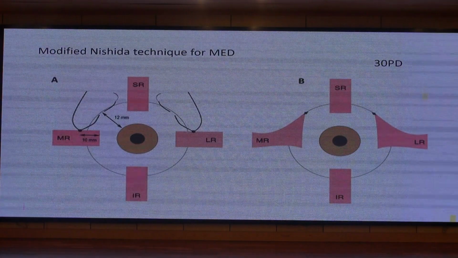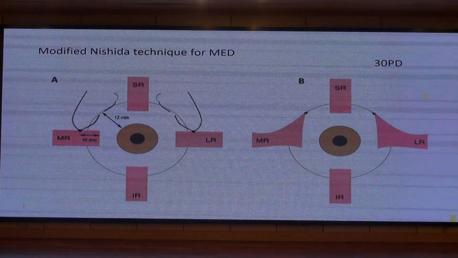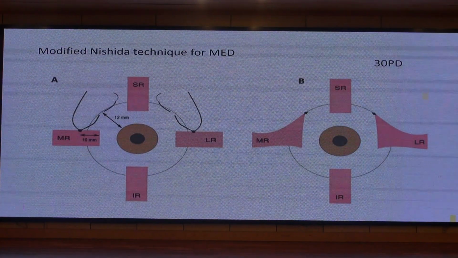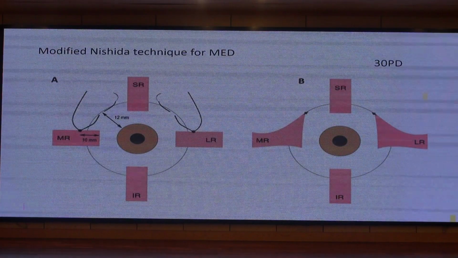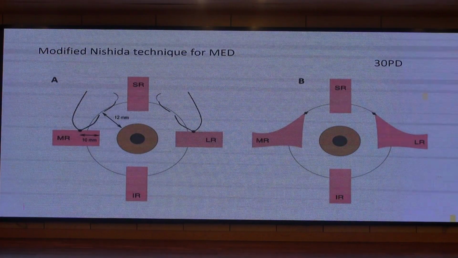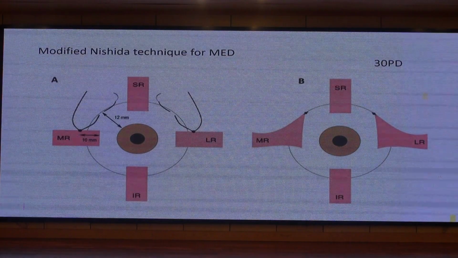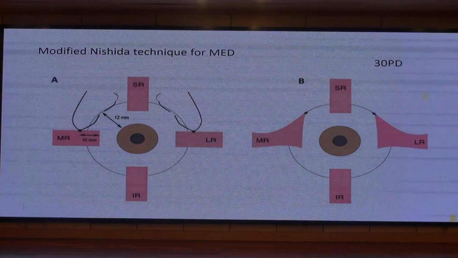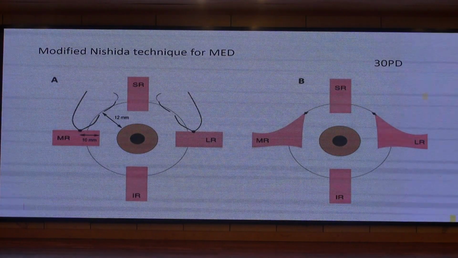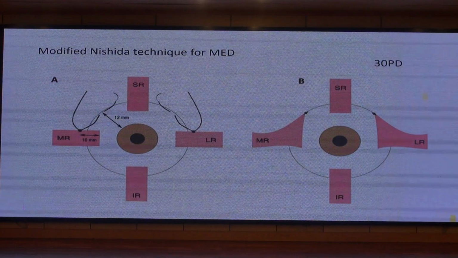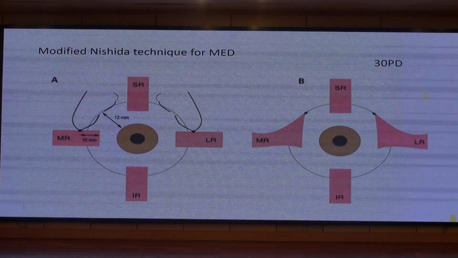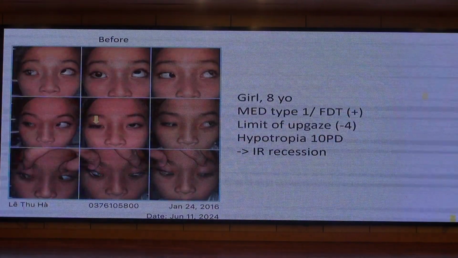So Nishida showed his technique, which was originally described for adult nerve palsy, can be used to correct up to 30 PD of vertical deviation and has a low risk of anterior segment ischemia.